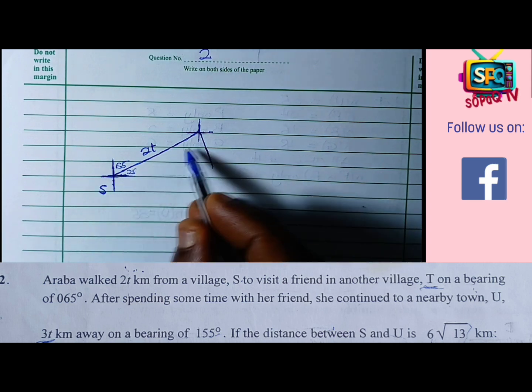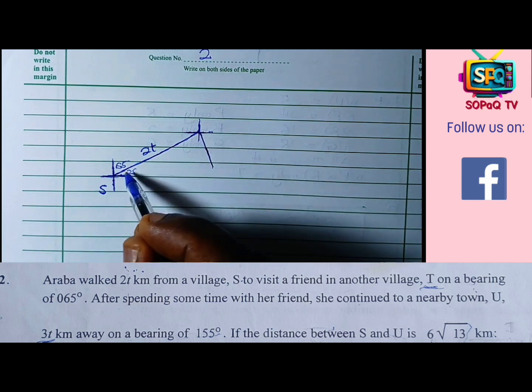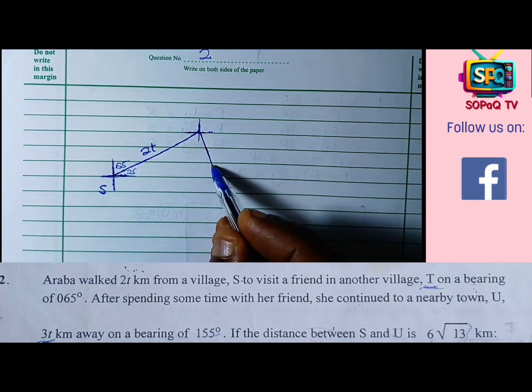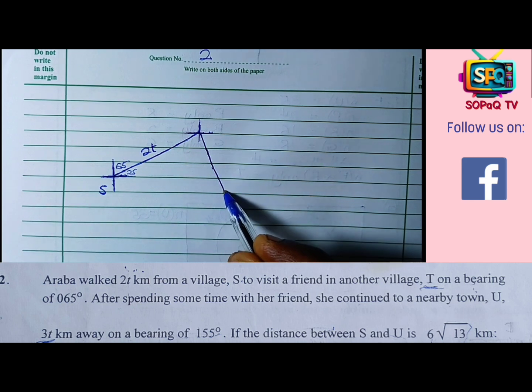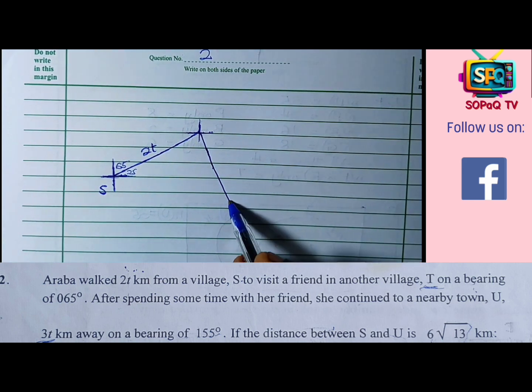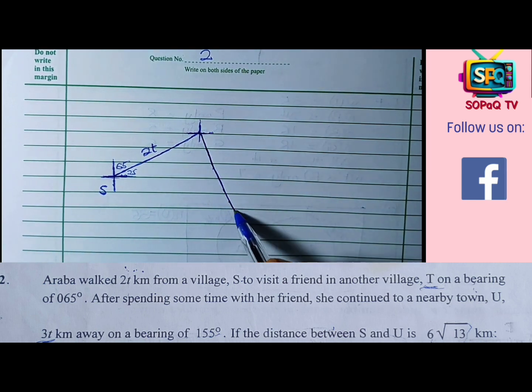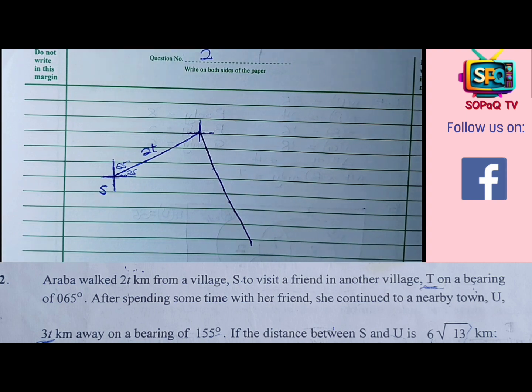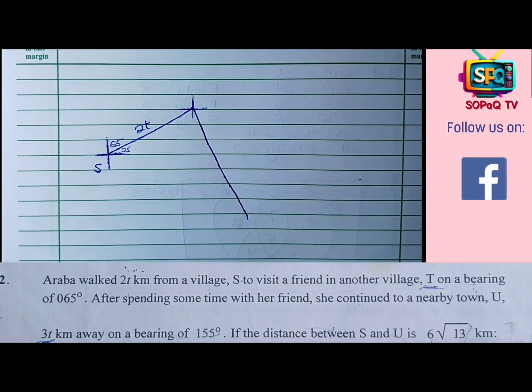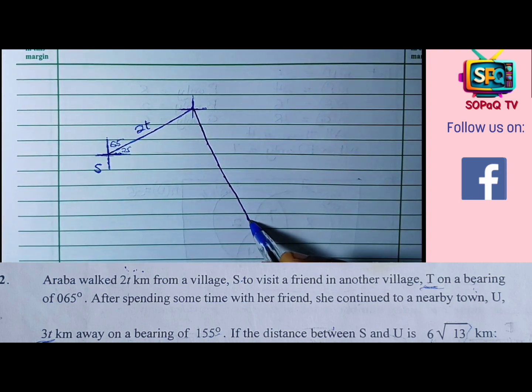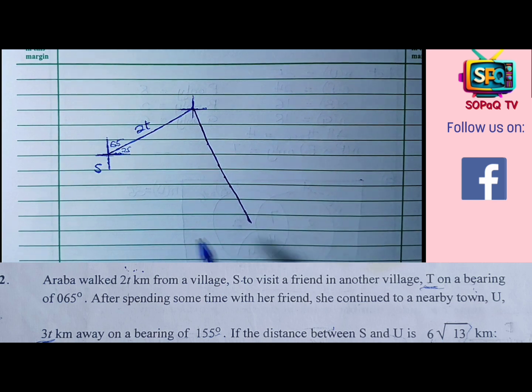And don't forget that this journey is 3 kilometers, longer than this one. So if from here to here is 2, that one should be a little bit longer, so that it distinguishes between the 2 and the 3.